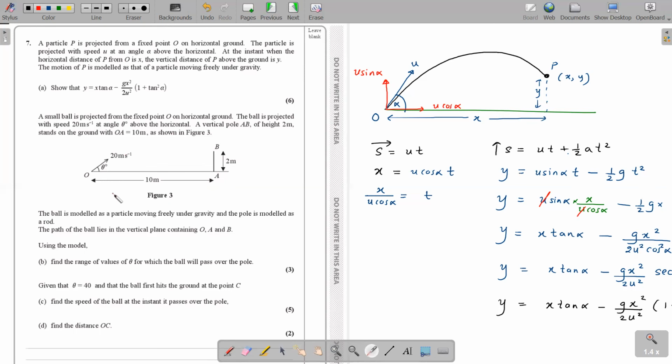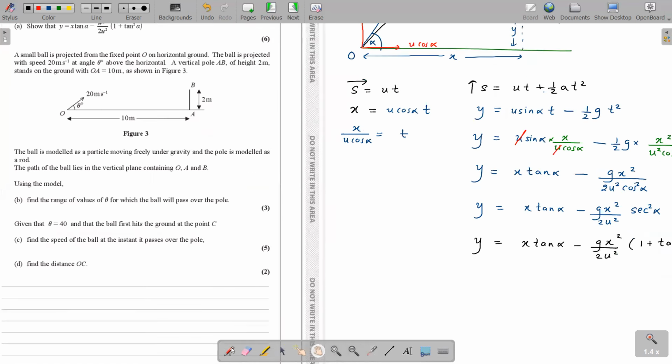However, they want the ball to pass above the wall. If they want the ball to pass over the pole, y needs to be greater than 2. Then it passes over the wall. Are you with me? So when I come to part B, what are the requirements? First, x has to be 10, definitely.